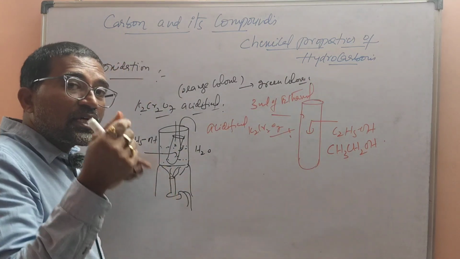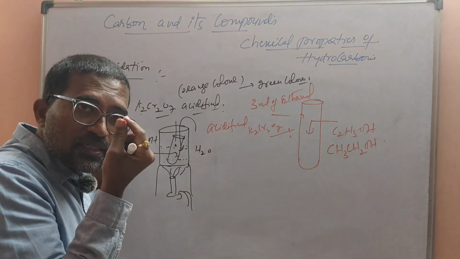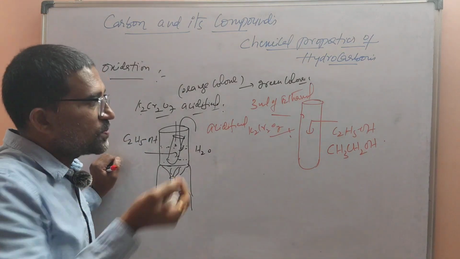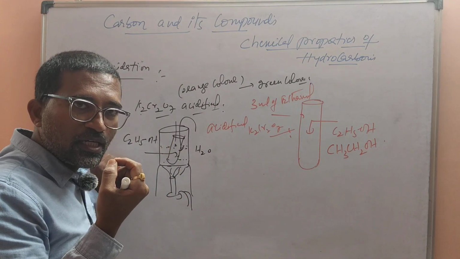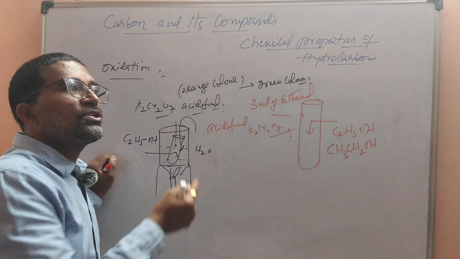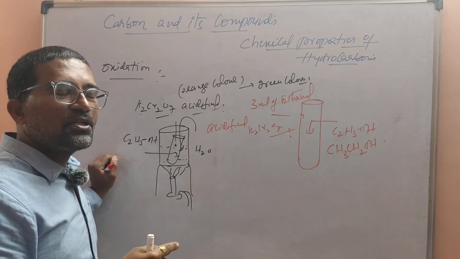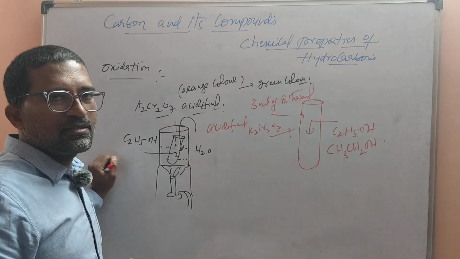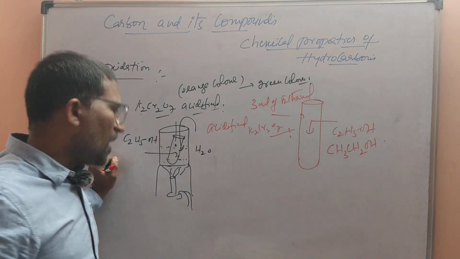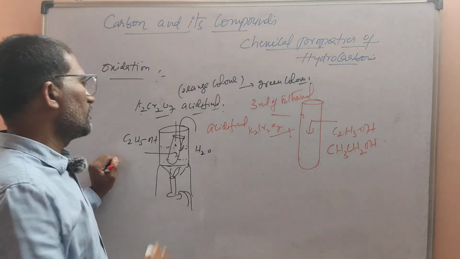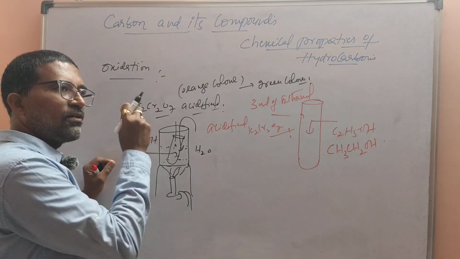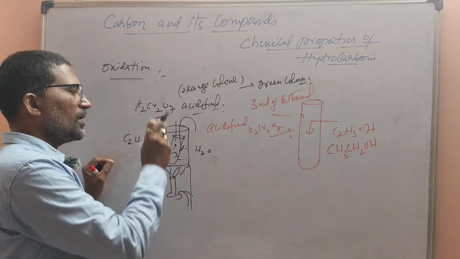The appearance of the green color in the solution confirms that an oxidation reaction is taking place. Oxidation of ethanol is taking place. We have to understand now how to write the reaction mechanism.